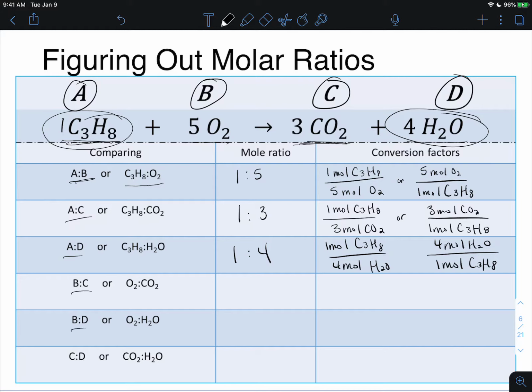So we can go from B to C, 5 to 3, 5 moles of O2 for 3 moles of CO2, or 3 moles of CO2 over 5 moles of O2. We can go B to D, 5 to 4 mole ratio.